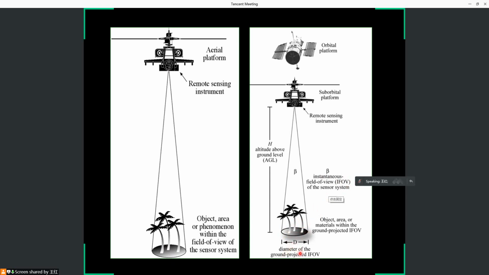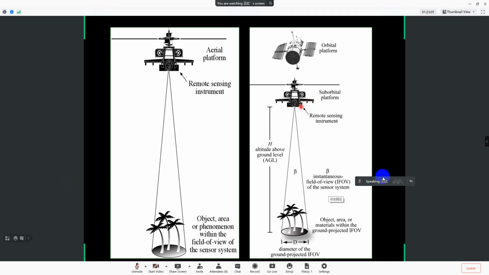And you see this is the IFOV, this is the diameter, and this is the platform.